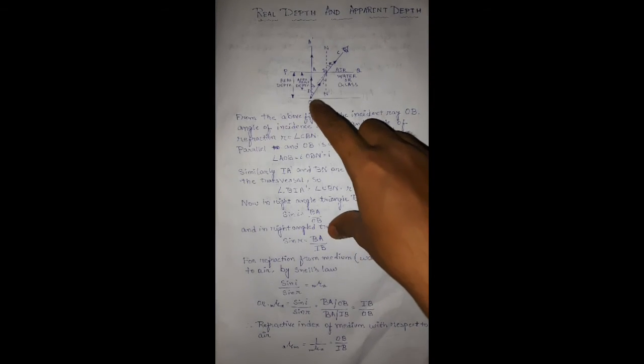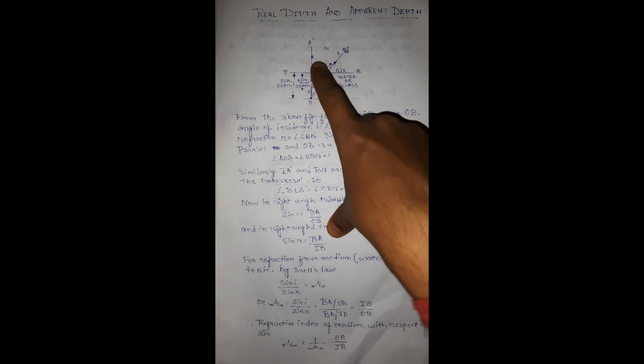Correct? Therefore, we can also consider IB is equal to IA, since we are looking perpendicular, and OB is equal to OA. Okay, you can understand this.